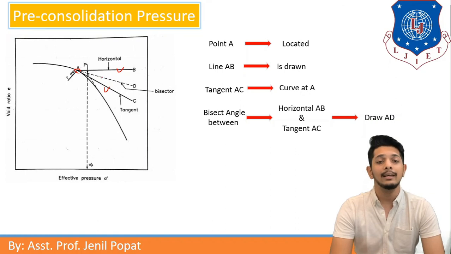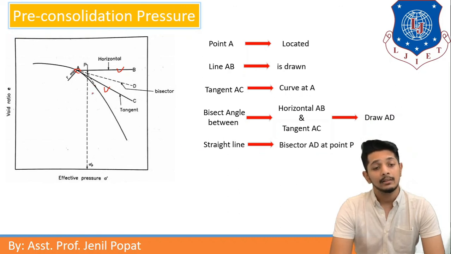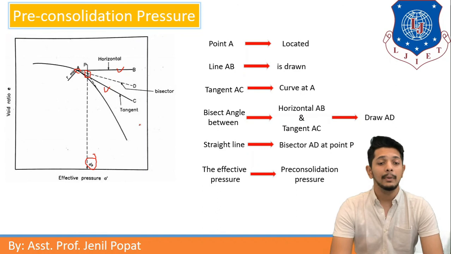So the horizontal line and tangent will be bisected by line AD. Then the straight line portion of the curve will be extended backward to meet the bisector AD at point P. So I will obtain the point P, and the effective pressure sigma dash at point P, that is sigma P dash, is our pre-consolidation pressure. So this is the method to determine pre-consolidation pressure.